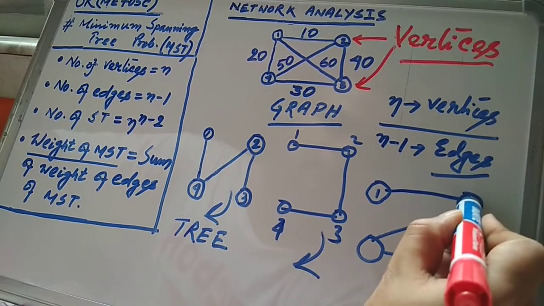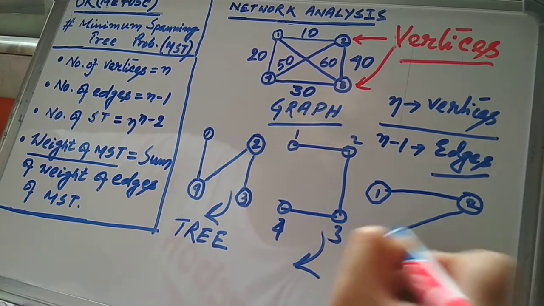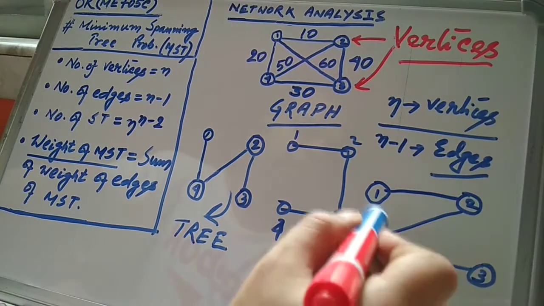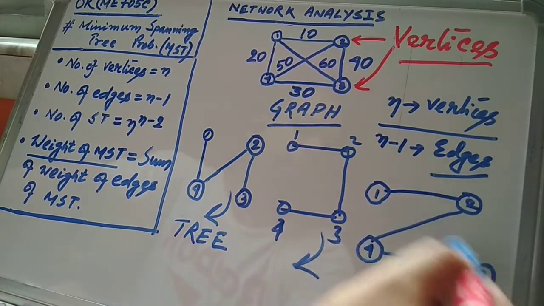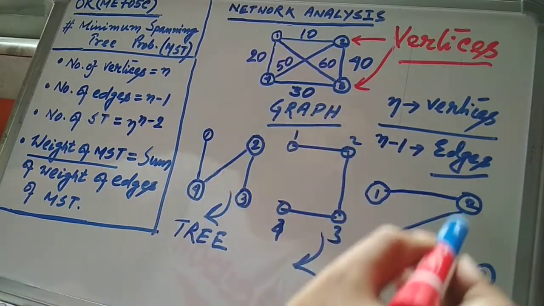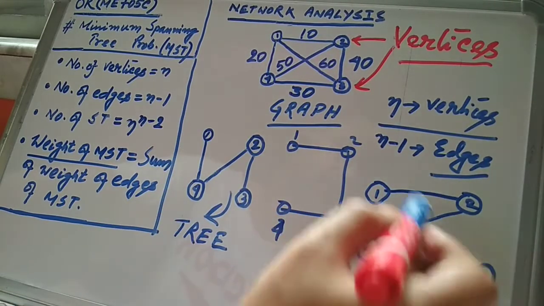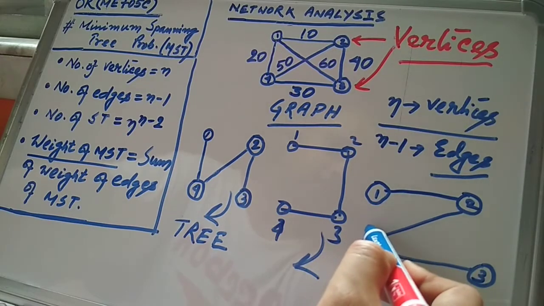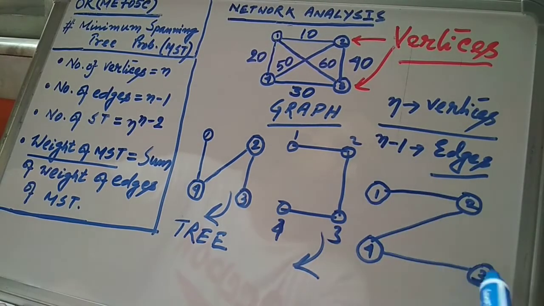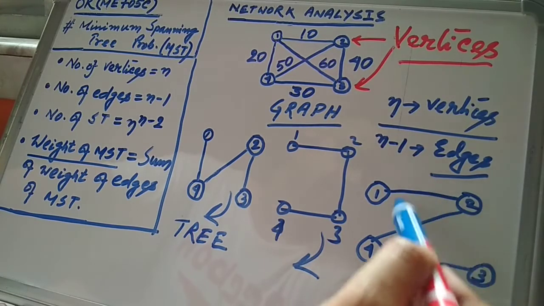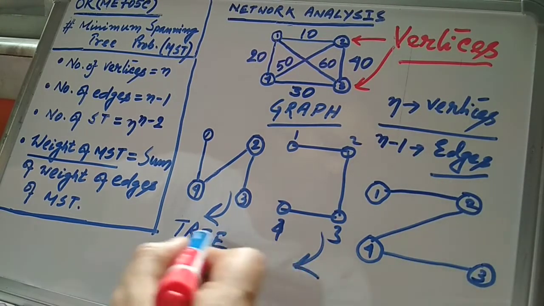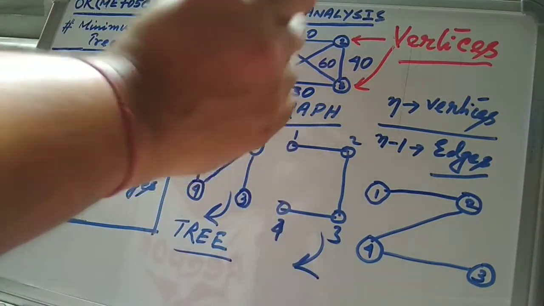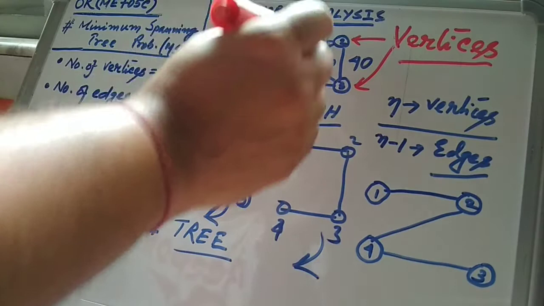This is 1, this is 2, and this is 4, say this is 3. Look, I have constructed a tree. Why is it a tree? Because I have connected all the vertices. There are 4 vertices, but I have not made any loop, not even a single closed loop. If I had constructed this one, this would be a closed loop, or if I had constructed this one, this would be a closed loop. So you can easily say that all these 3 are trees, rather spanning trees, of this particular network.